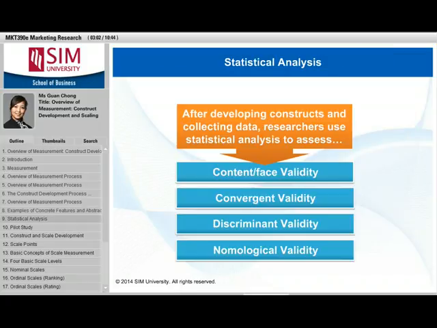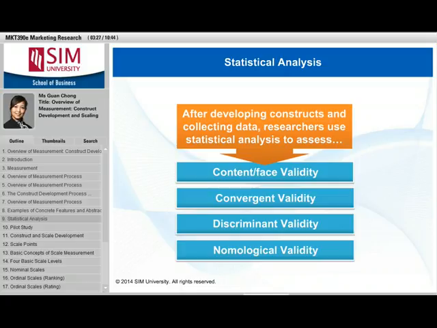After developing constructs and collecting data, researchers use statistical analysis to assess content validity, convergent validity, discriminant validity, and nomological validity. Content validity is the subjective yet systematic assessment of how well a construct's measurable components represent the construct.